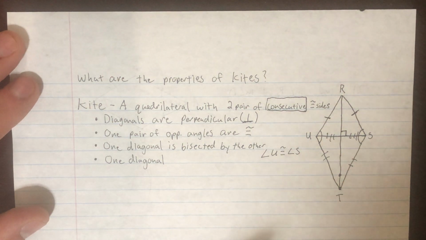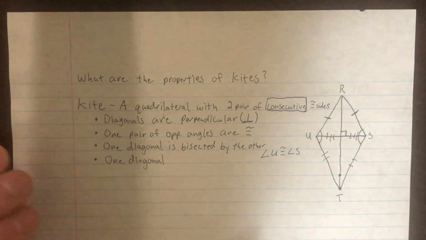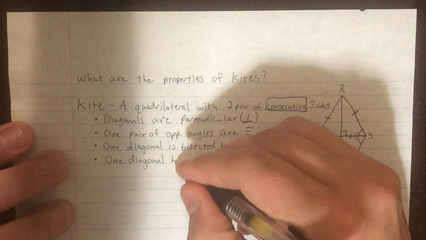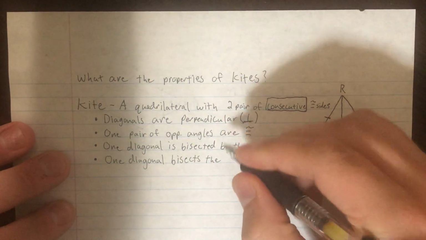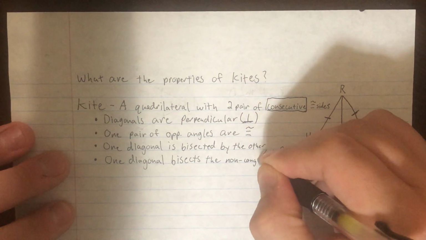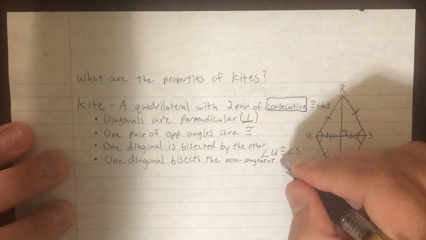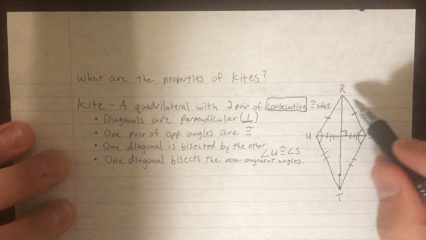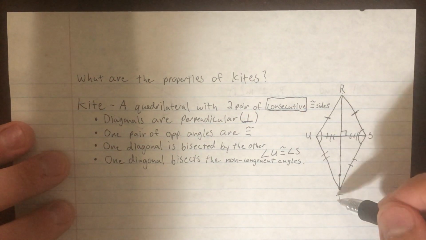And lastly, one diagonal also bisects each of the non-congruent angles. So the non-congruent angles are angle R and angle T. Those are cut in half by diagonal RT.